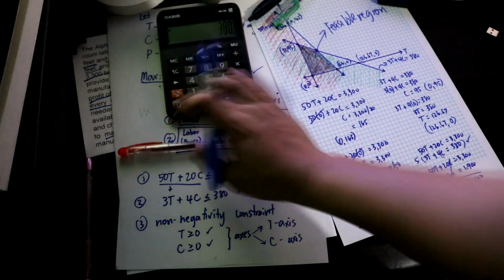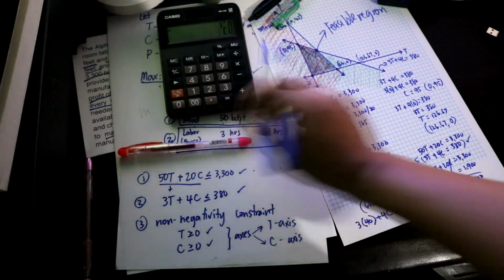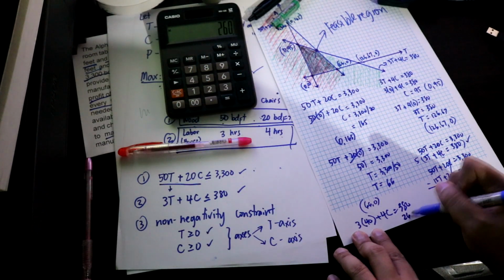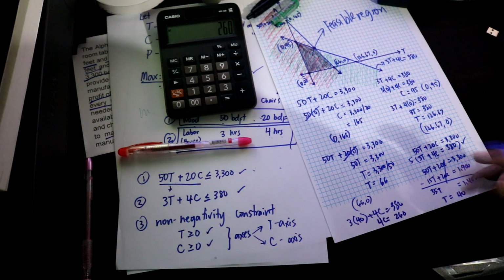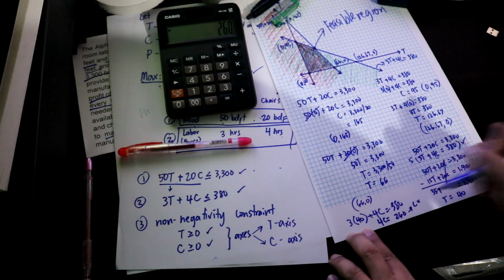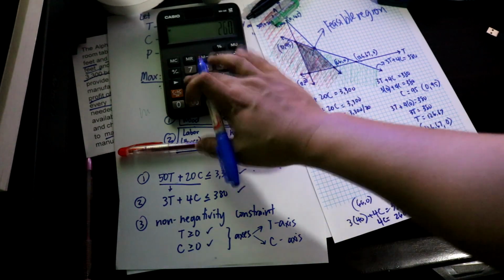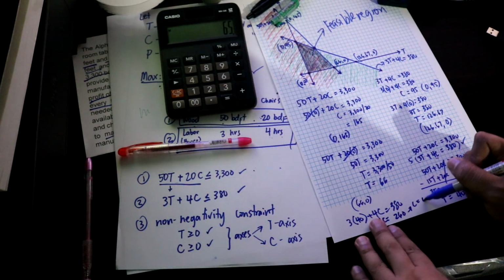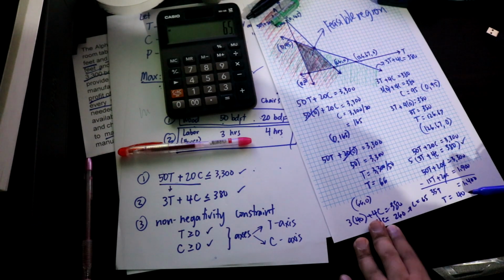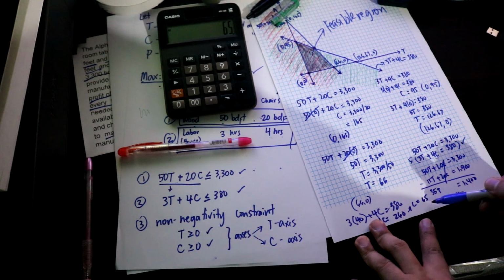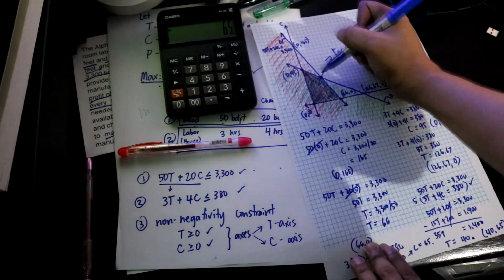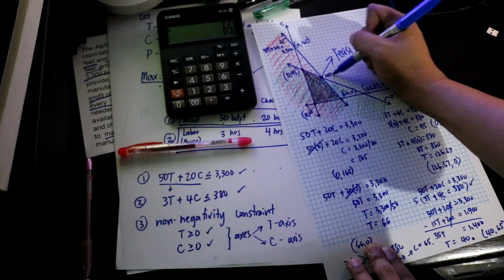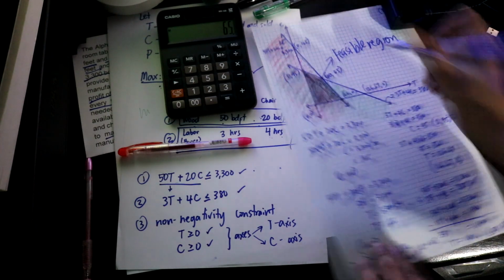So 380 minus 120, that would be 260. 4c is equal to 260, and therefore c would now be equal to 260 divided by 4. That's 65. If t is 40 and c is 65, then we have the point 40, 65. Therefore, this point here is 40, 65.